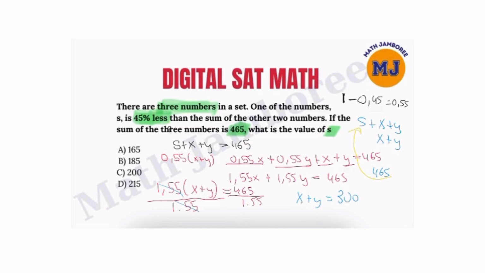And X plus Y is 300. As we said, we take away 300 from 465, which is 165. That means S equals 165. That's the solution to this given question.